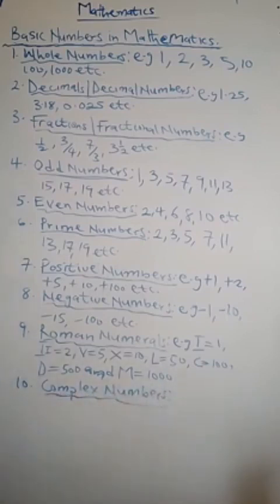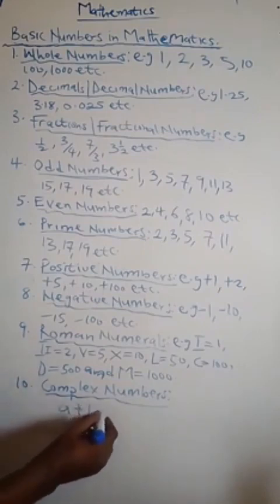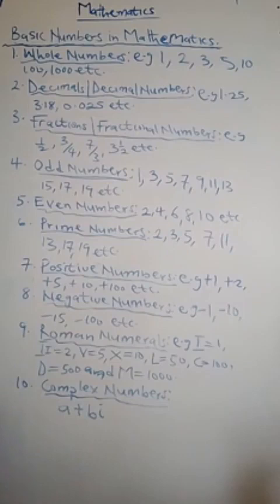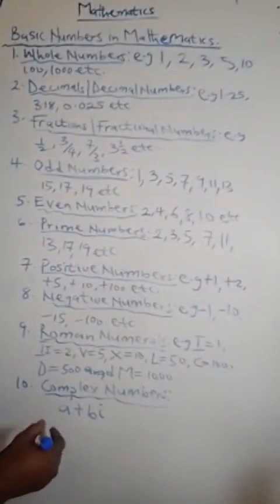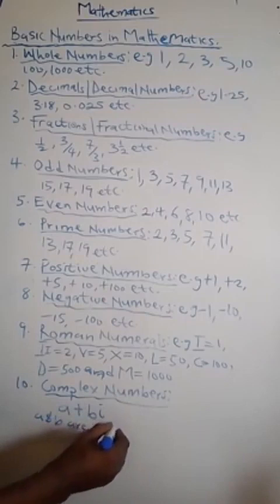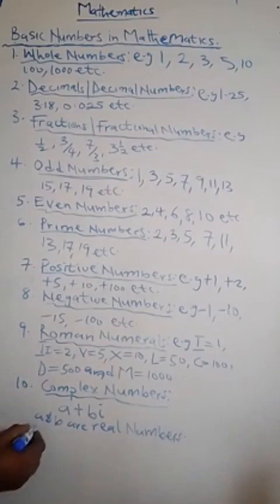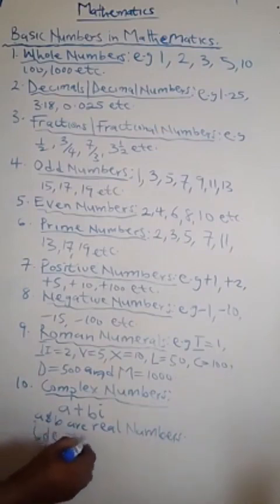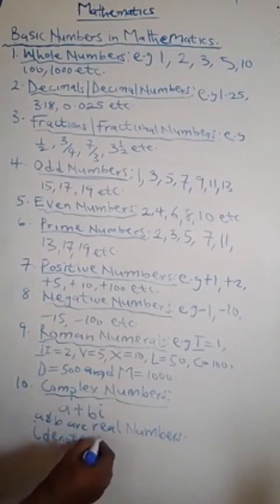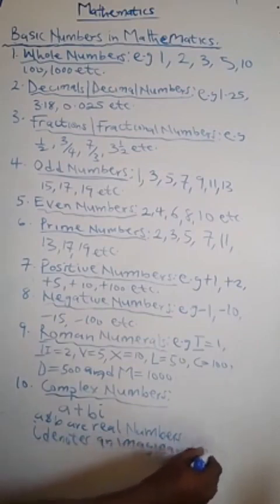A complex number is a number that is in the form of a plus bi, where a and b are real numbers. i denotes an imaginary unit.